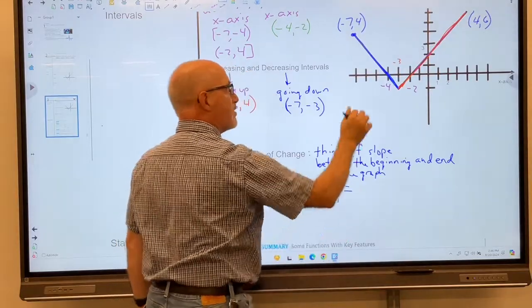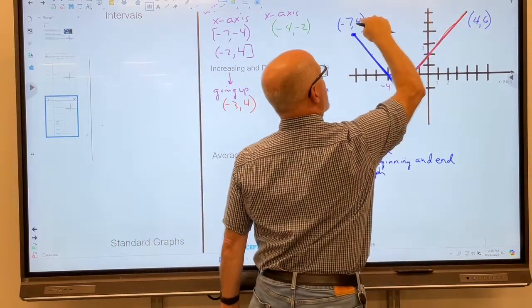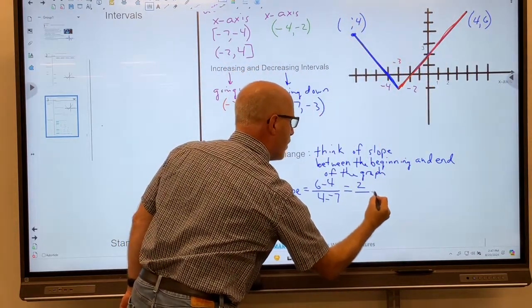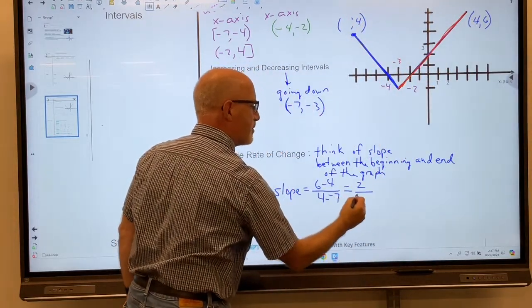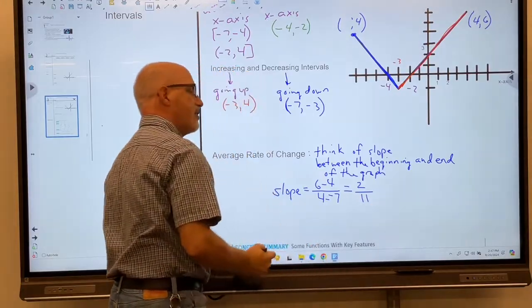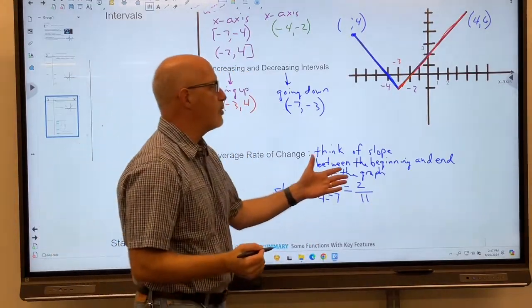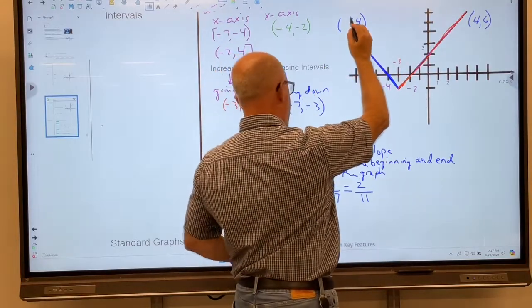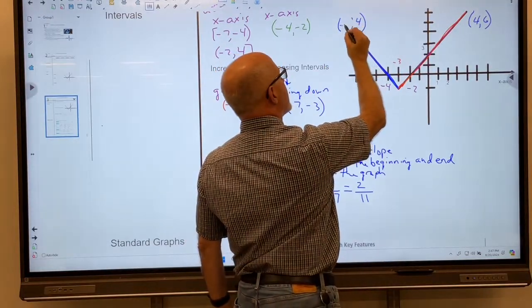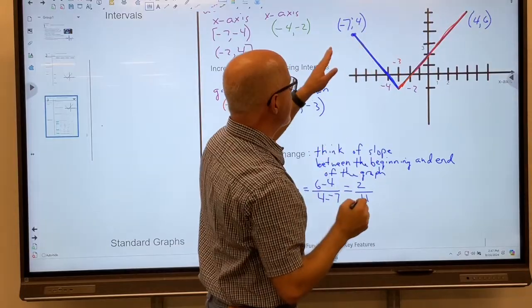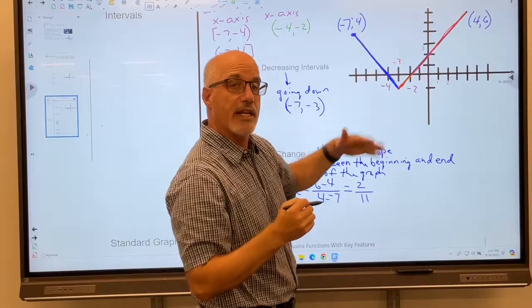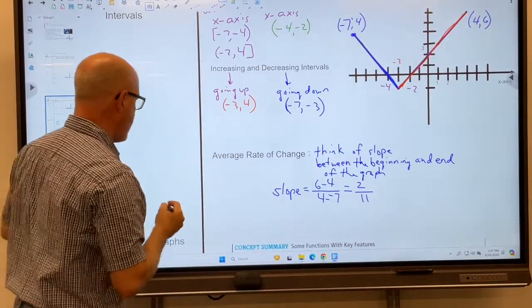So 6 minus 4, and 4 minus -7. You get 2 over 4 plus 7, because minus the negative is 11. So our average rate of change is 2/11. That's basically saying on this graph how fast it's changing between the beginning and the end, so you're getting an average of it.